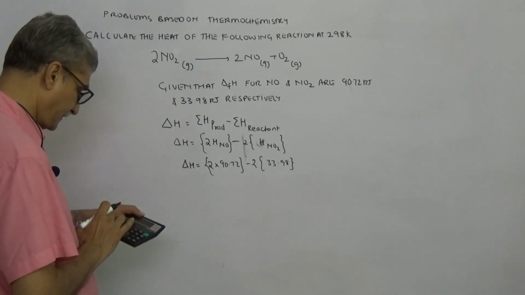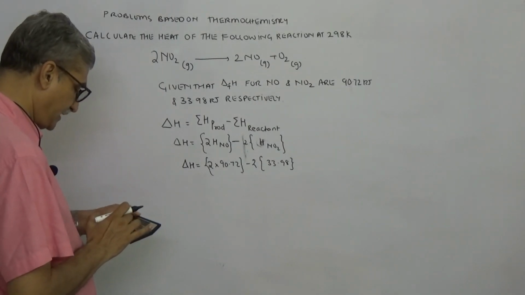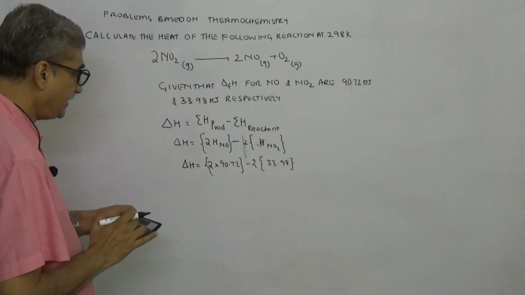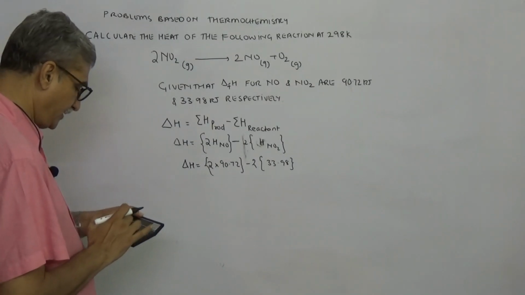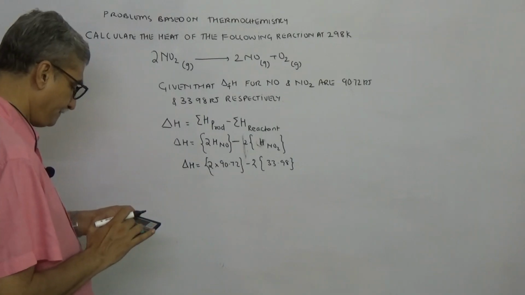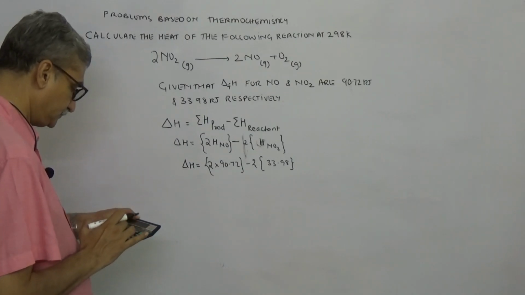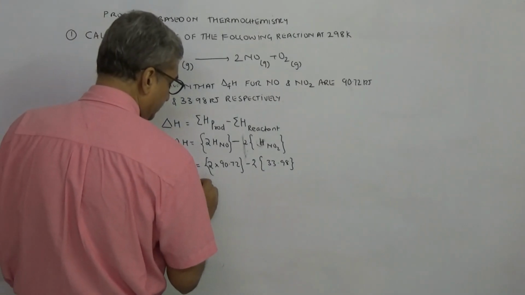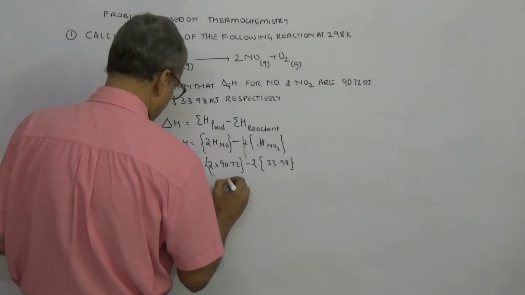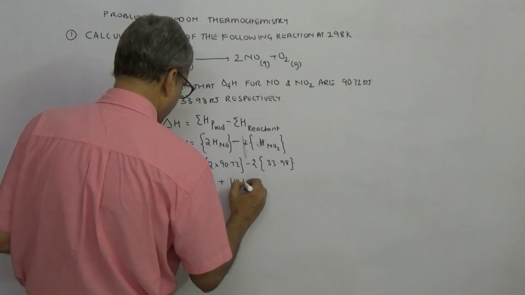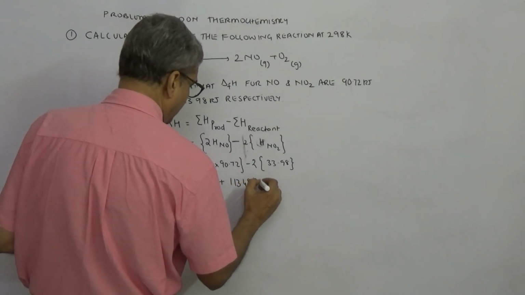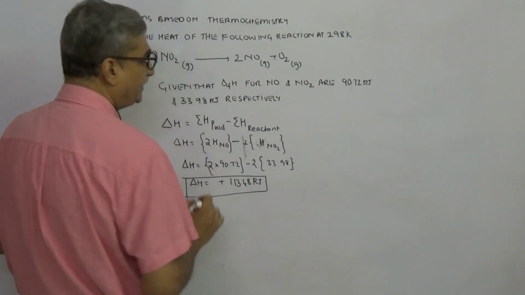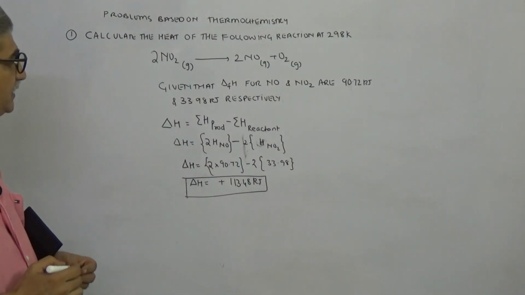The answer will be 90.72 minus 33.98 into 2. So therefore delta H, the enthalpy change, will be plus 113.48 kilojoule. So this is how you find the answer to this sum. This is one way of finding out the answer to the sum.